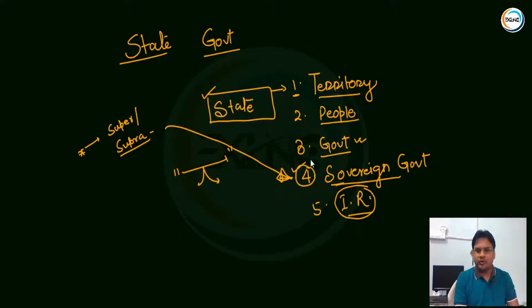So the government is supreme in the sphere of that territory. That kind of government is called a sovereign government. For example, India. India is a sovereign state.